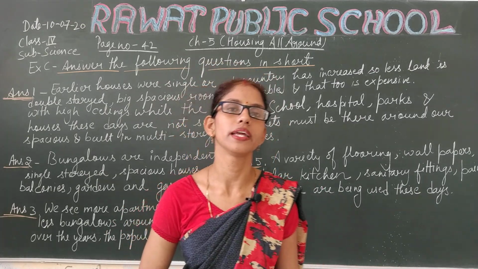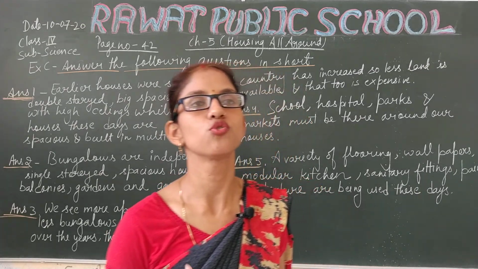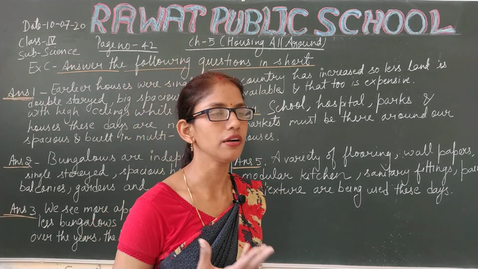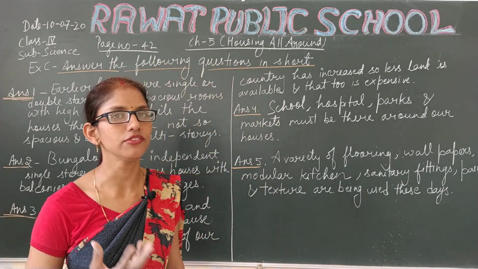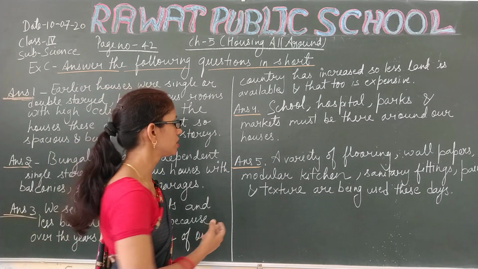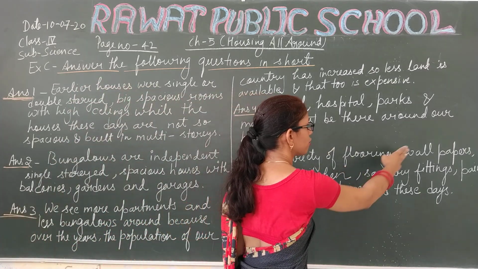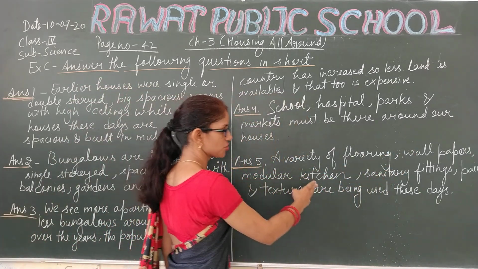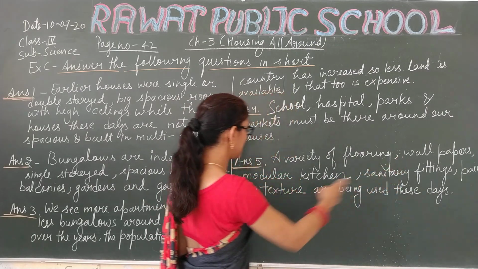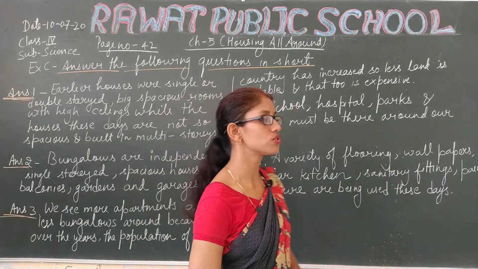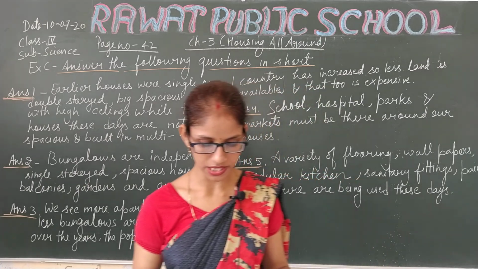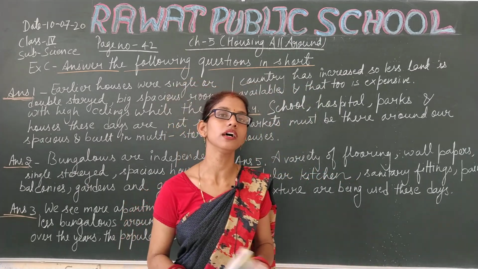All these are available in the market to make houses in a proper or decorative manner. So let's see the answer of this question. A variety of flooring, wallpapers, modular kitchen, sanitary fittings, paints and textures are being used these days by people and are available in the market.